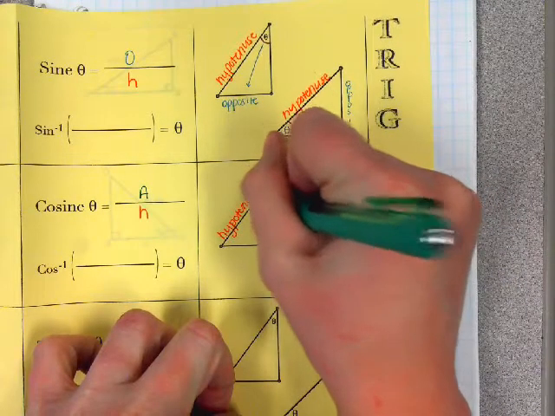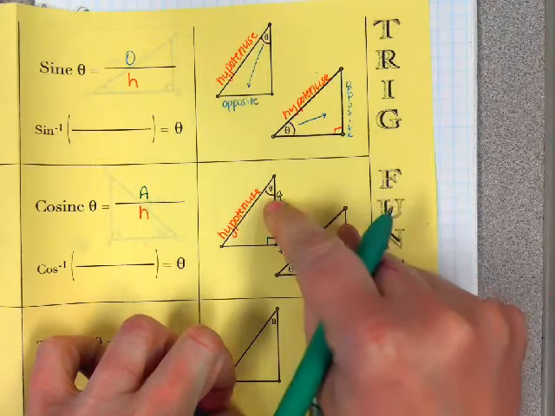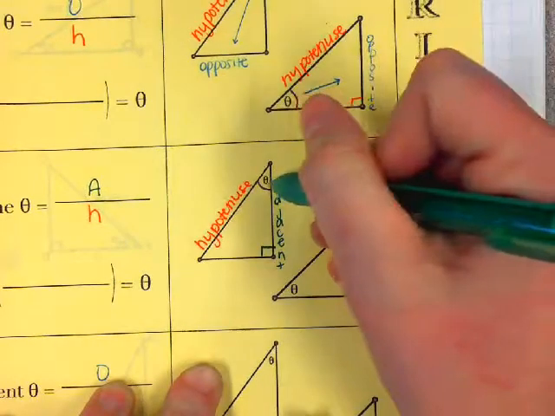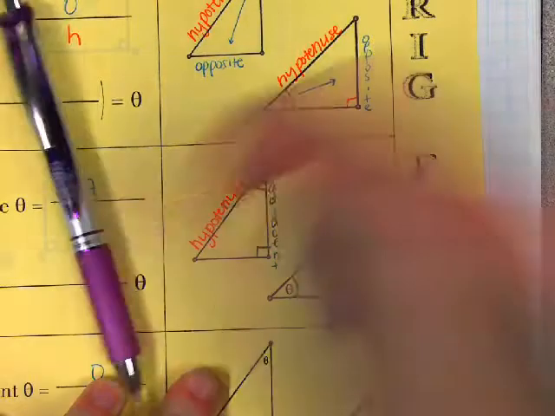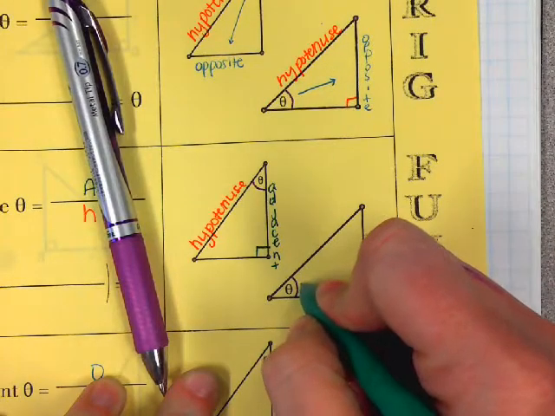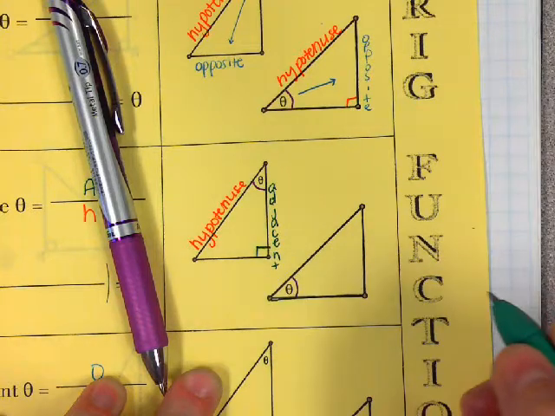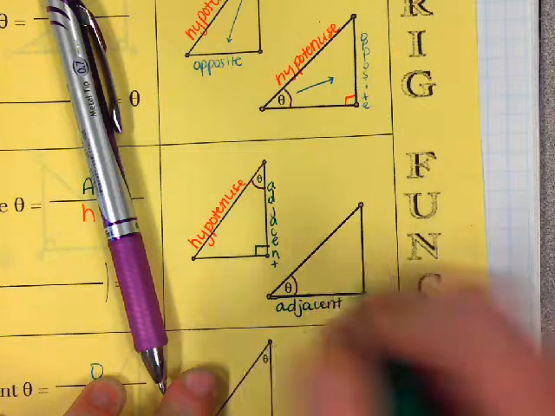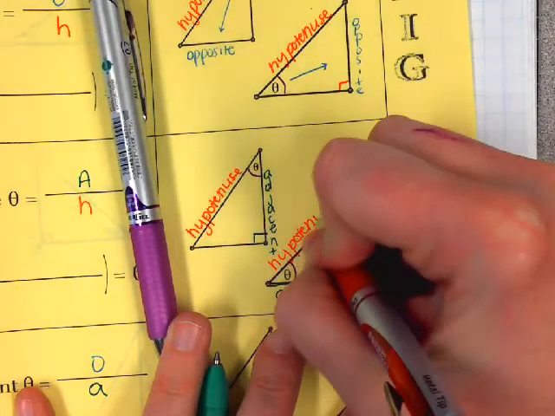And then this one would have to be the adjacent, because it's the one that's touching the angle side of theta. Now if this is theta, this one down here is touching. Remember the word adjacent means touching. So this is adjacent. And then this is the hypotenuse.